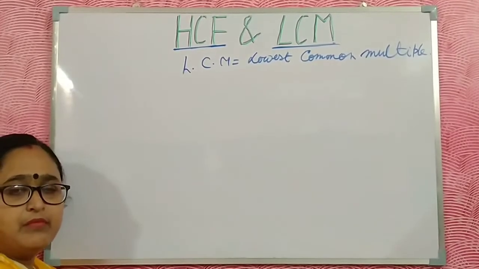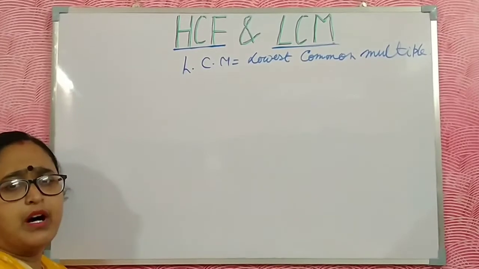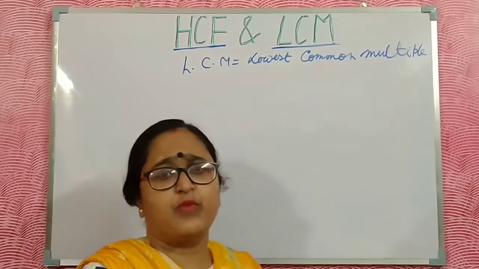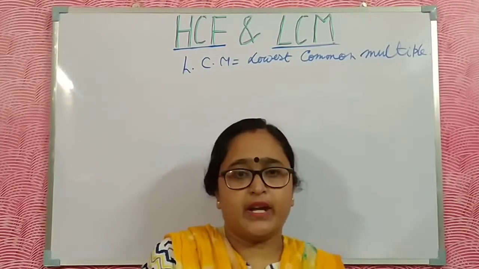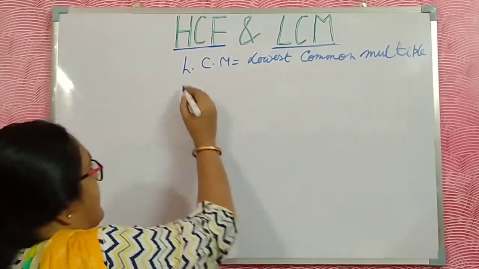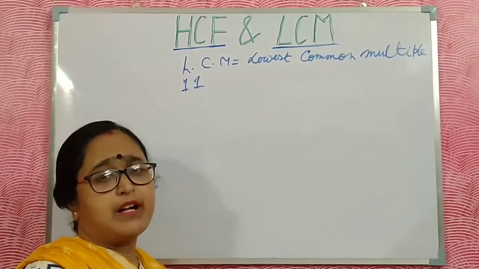What is a multiple? Multiple means multiplication. For any number, 2, 4, 3, 6, whatever, multiples just mean making the table. I give 11. Find the first 5 multiples of 11.